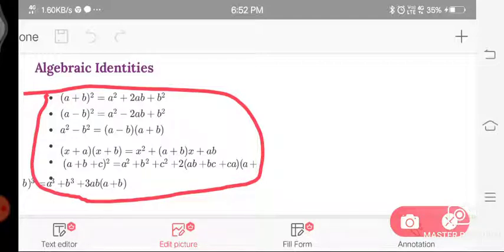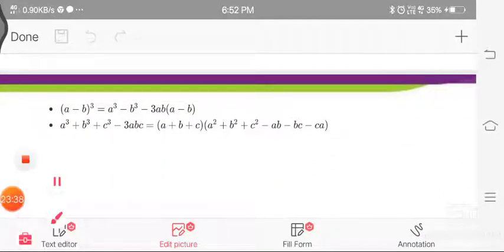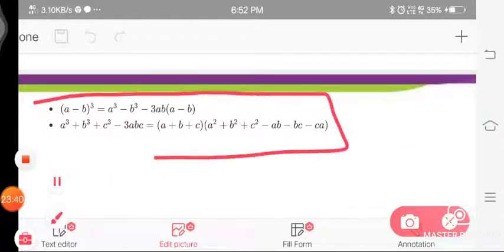You can note these down, and now there are two or more algebraic identities.